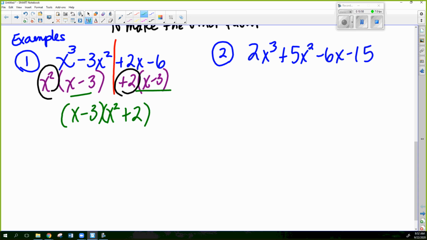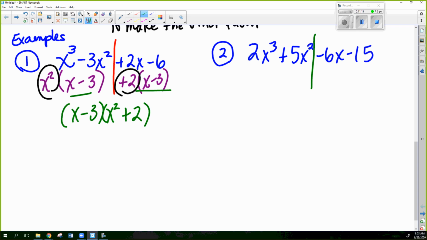Step 1, cut it in half. Split it right down the middle. Just make sure that where you split it down the middle, any signs go after that. And then we look for the GCF in each half.